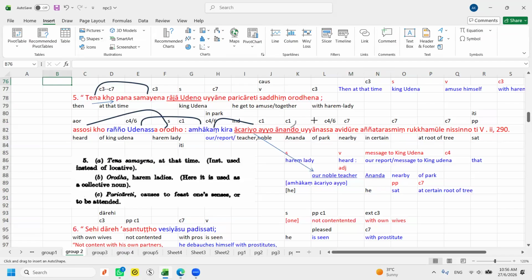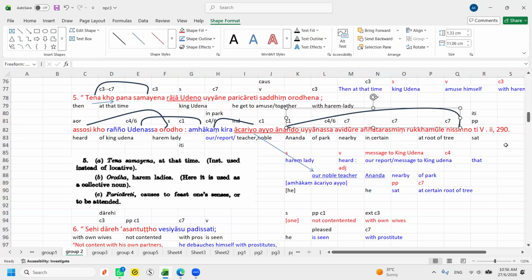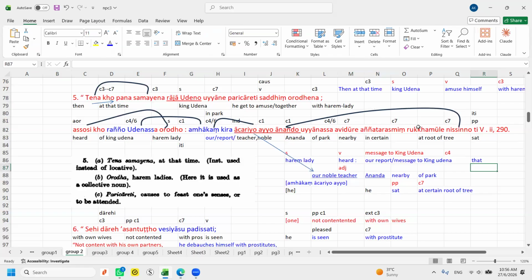This is a subject, referred to Ananda. This is Ananda said. This is Anyatara, also same case, certain root of a tree. Ruka is a tree. Mula is the root of the tree. This one is all in one.